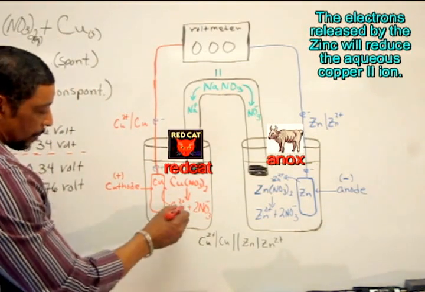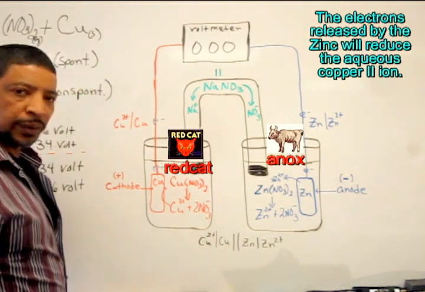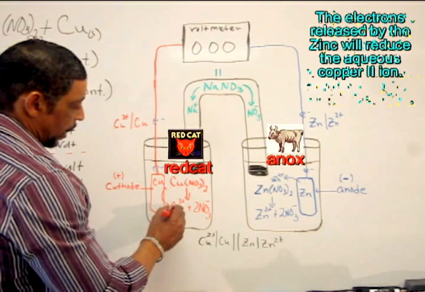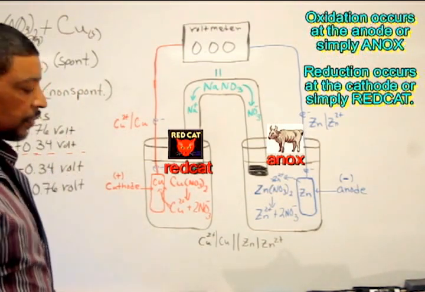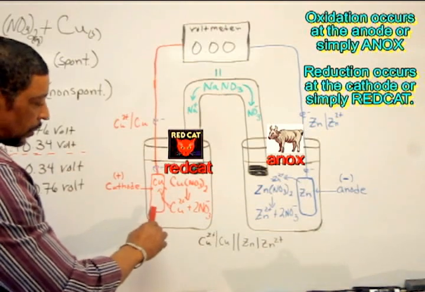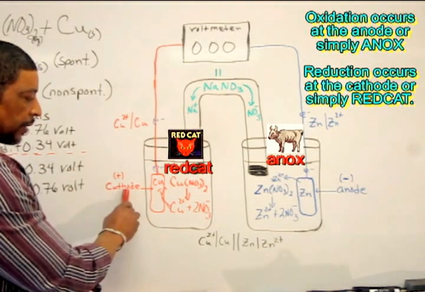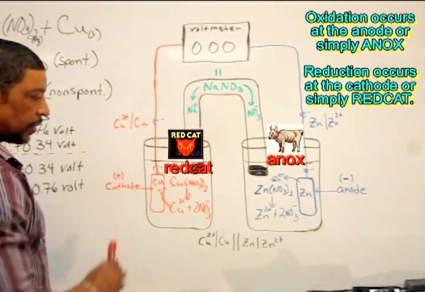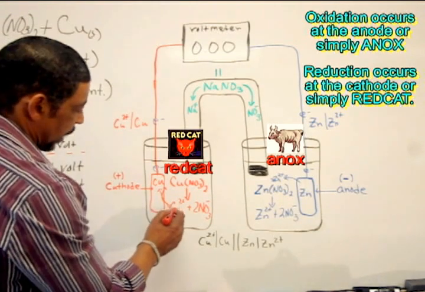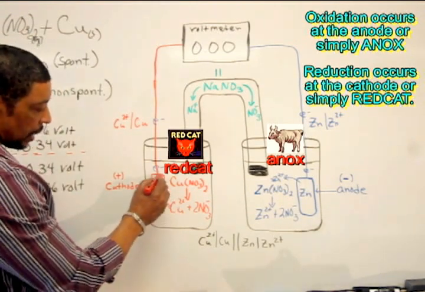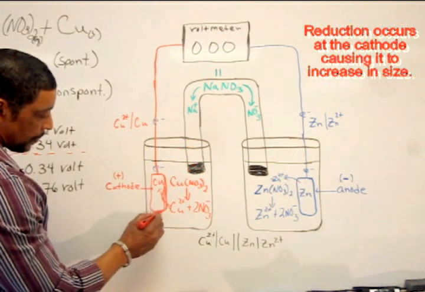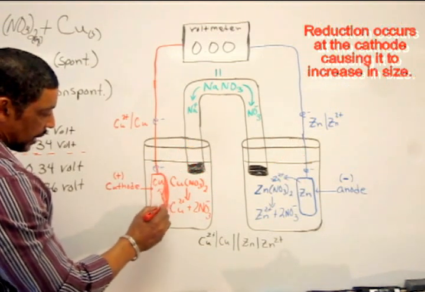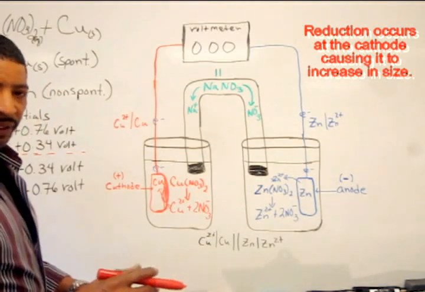At this point, the copper 2+ cation undergoes reduction, forming copper metal. Since reduction occurs at this electrode, it is called the cathode and will have a positive charge. As the copper 2+ ion undergoes reduction, it will plate onto the electrode. Therefore, during this process, the cathode will actually increase in size.